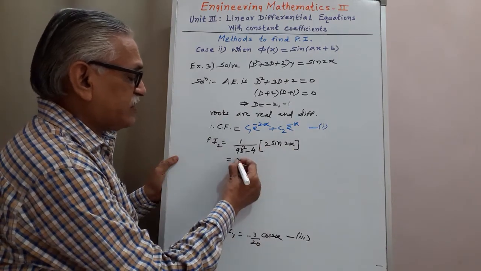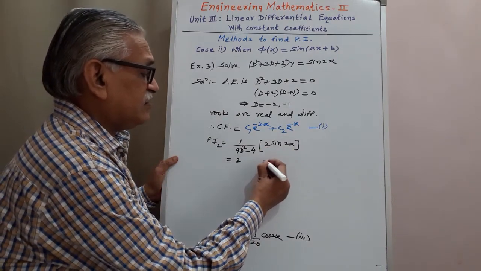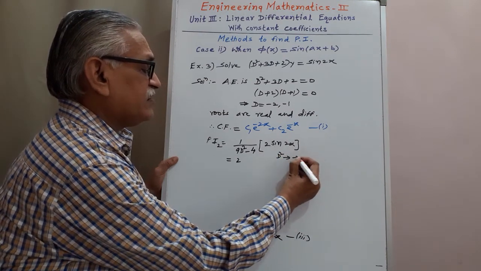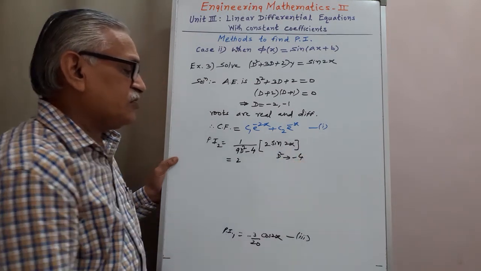Again, the constant 2 we take outside. D square is replaced by minus a square, minus 4.